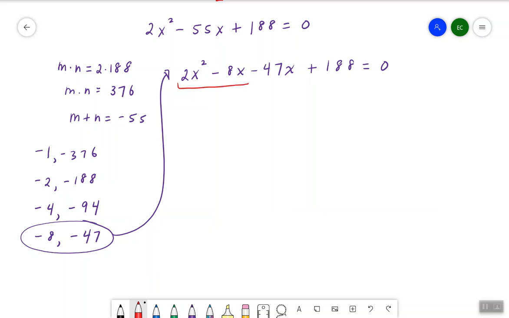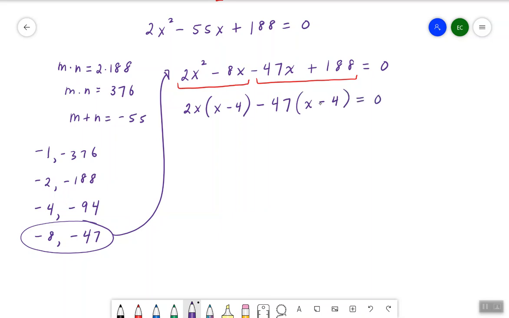And so now factor by grouping means that we group the first two terms together and take out a common factor of 2x. And then we group the next two terms together, and 47 goes into 188 4 times.